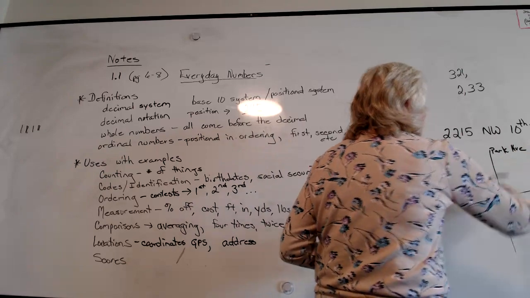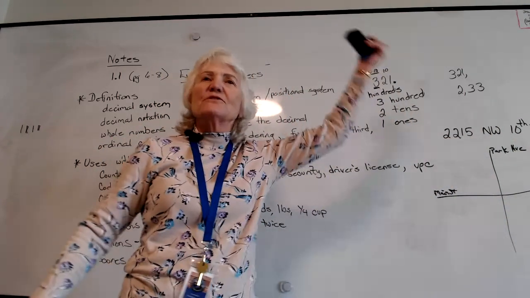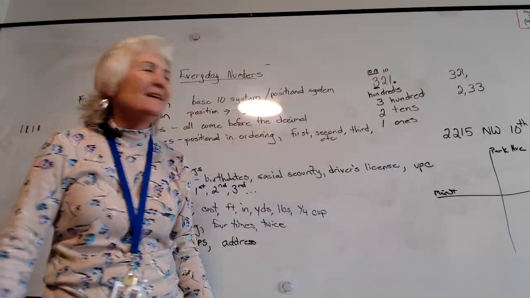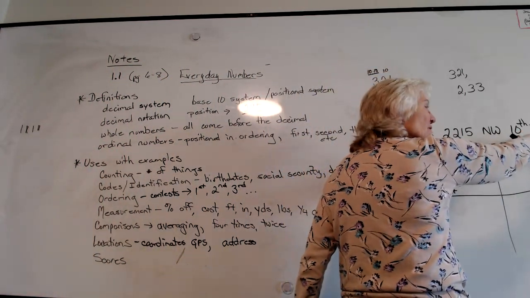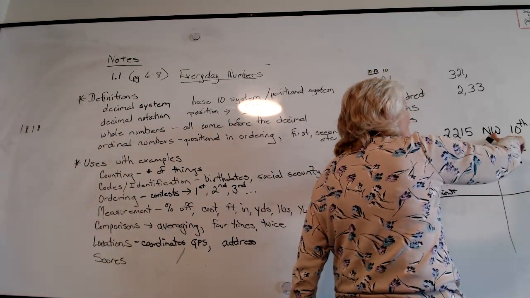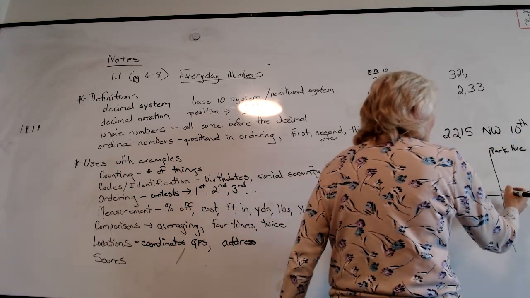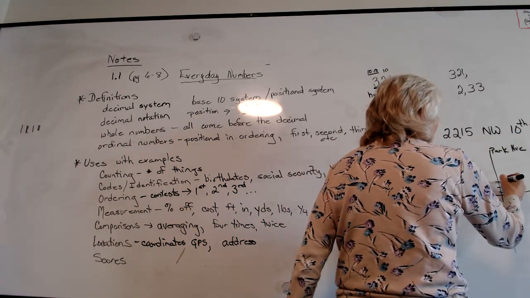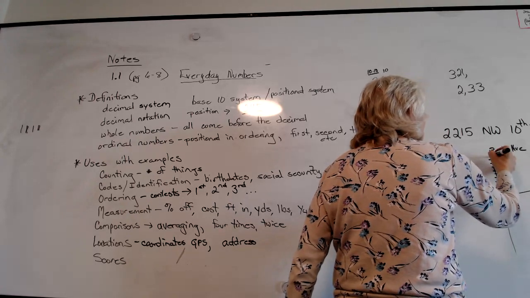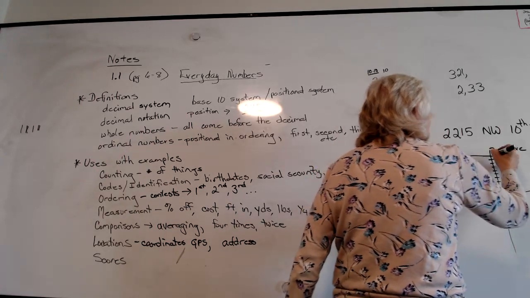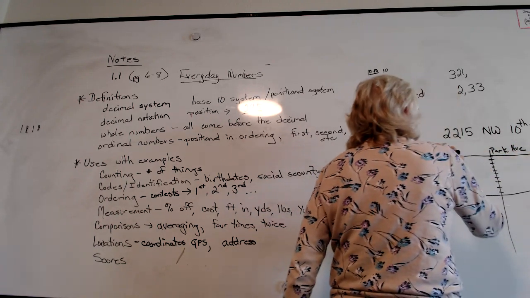Usually streets go left to right, avenues go north to south. I live from Main Street, I live up 10 streets. The reason I know it's up is because it's going north. So 1, 2, 3, 4, 5, 6, 7, 8, 9, 10. So at this area is where I live, along 10th Street.